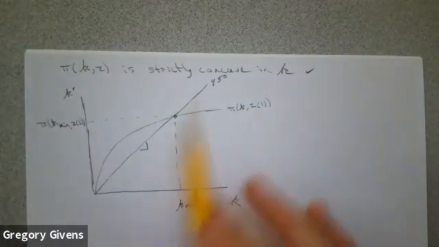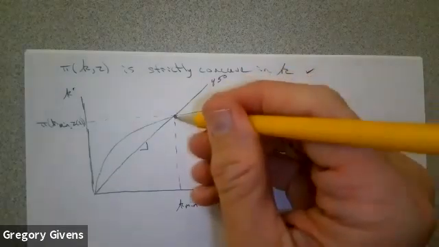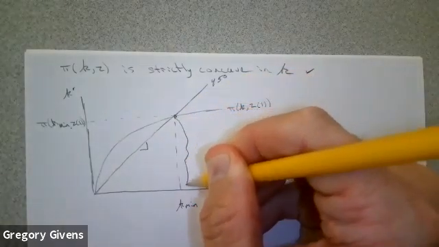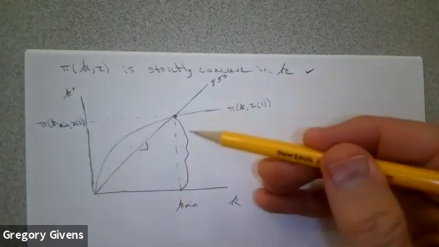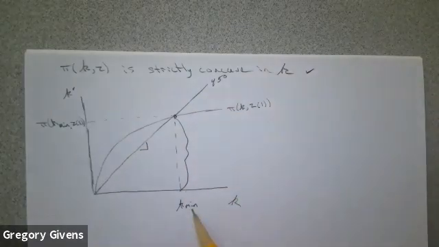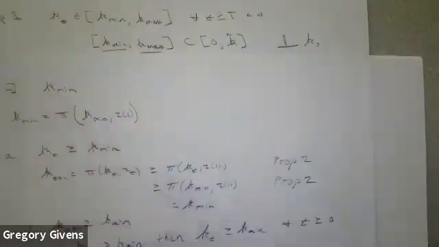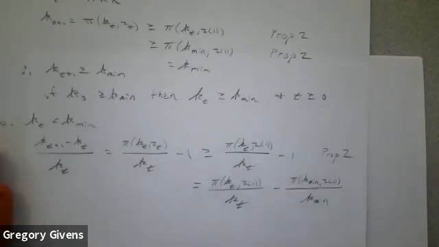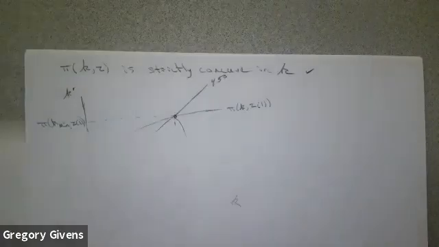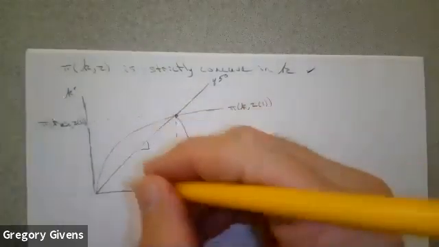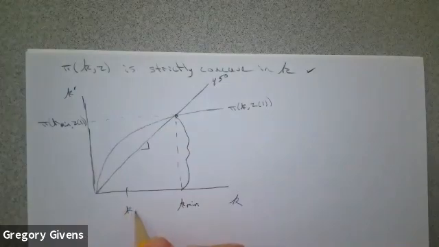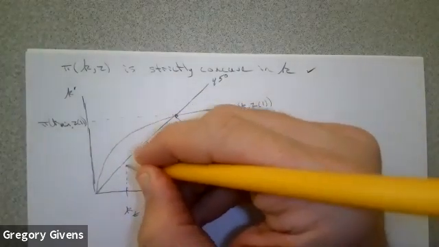Right? And the slope would be equal to 1, right? The slope of this secant from here to here would be pi of K min Z1 divided by K min, which is exactly equal to 1. Now the question is, how does that compare to pi of K Z1 over K? Well, if we're analyzing the case in which K is less than K min, then let's pick a KT over here. What is this point?